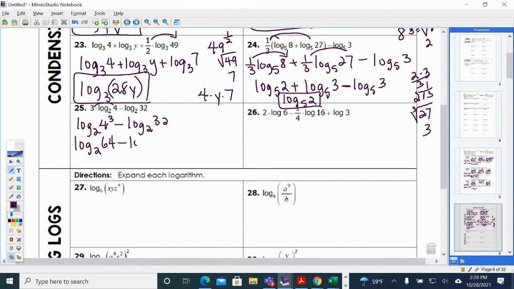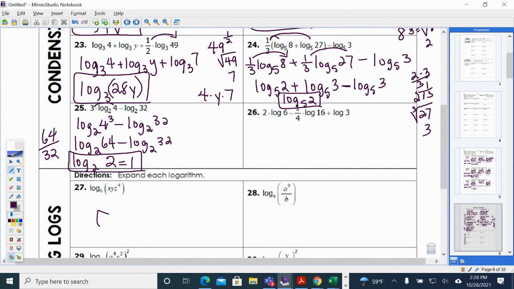Now, what do we do with the 64 and the 32? Because there's a minus between, we divide. So log base 2, what is 64 divided by 32? It is 2. Log base 2 of 2 can be evaluated very quick and easily. It's equal to 1.